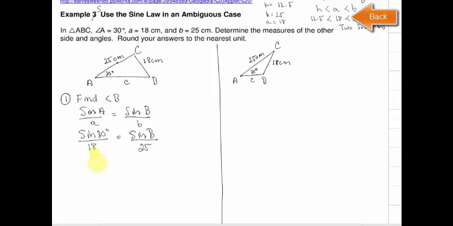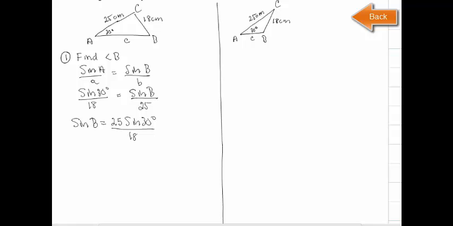And so using my little shortcut, sine of B is equal to 25 times the sine of 30 divided by 18. Okay, and so when I work this out, I see that the sine of B is about 0.6944.